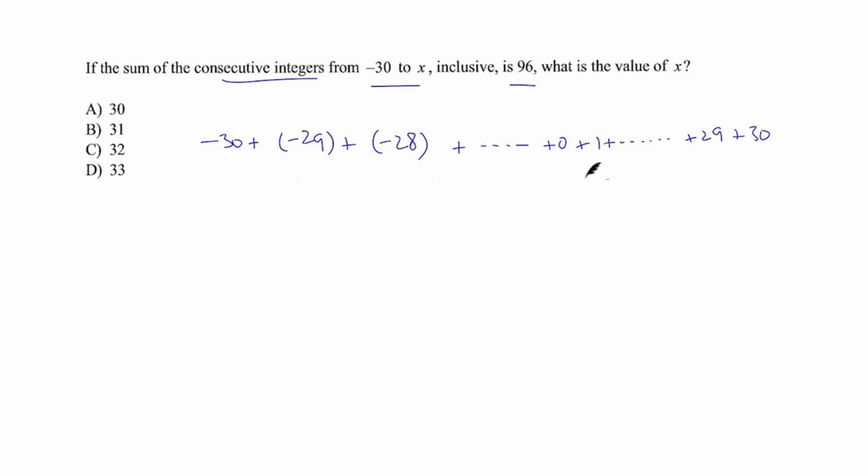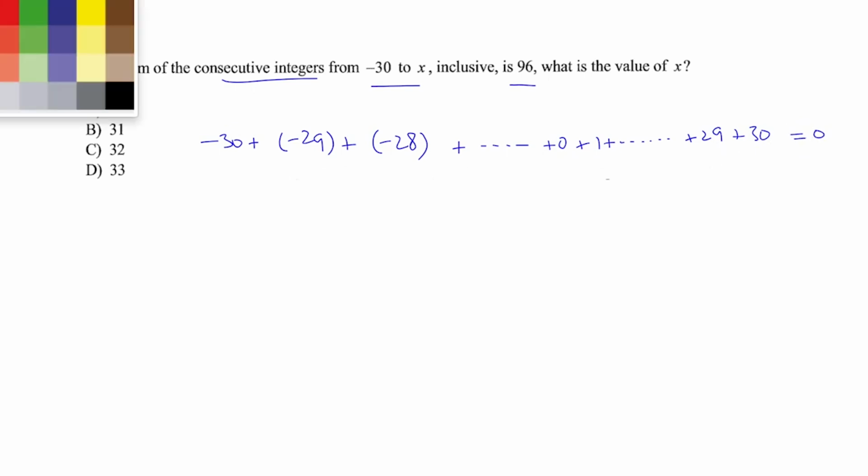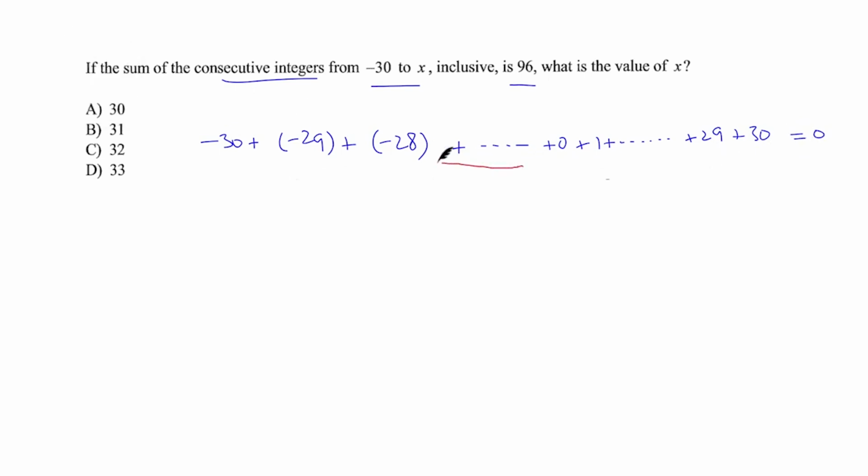Now, if you add all these up, you should get 0, because all these numbers on the left hand side are negative, and all these numbers on the positive side are positive. So these will add up to 0. That's something that you need to understand. Now we need to go further from 30 and add up the numbers, since we get 96.